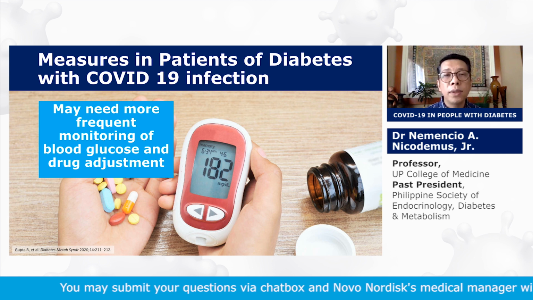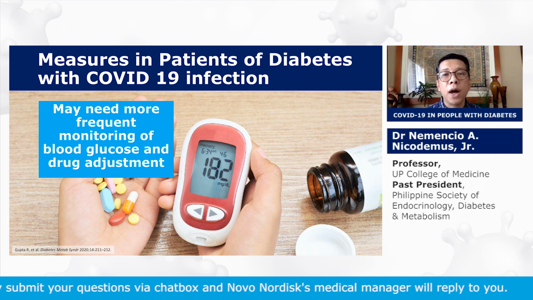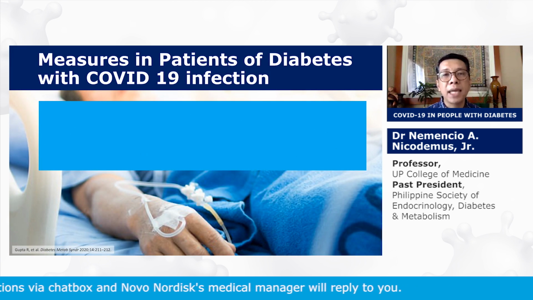But we all know that there are patients with diabetes who get admitted to the hospital. So what should be the measures that must be taken among patients who are admitted to the hospital?